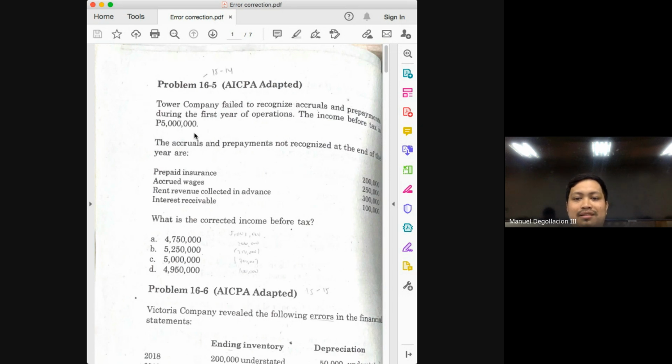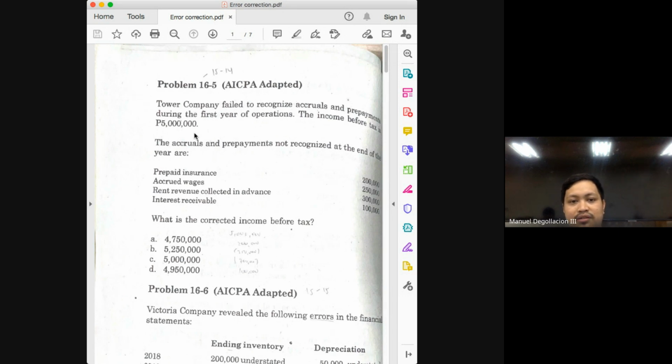But since we failed to do that, class, what is the effect? Our interest income is understated. And if our interest income is understated, class, that means our net income would also be understated.